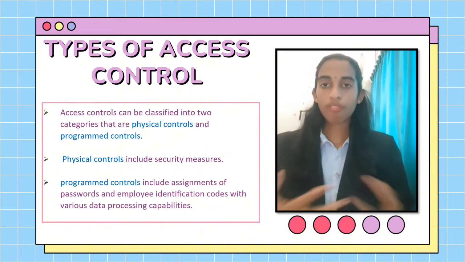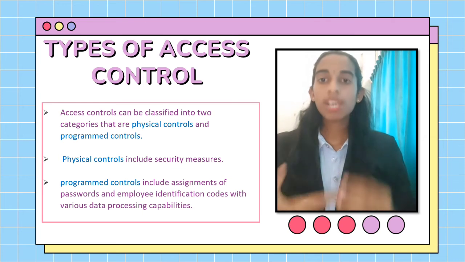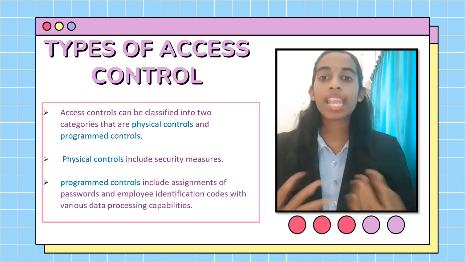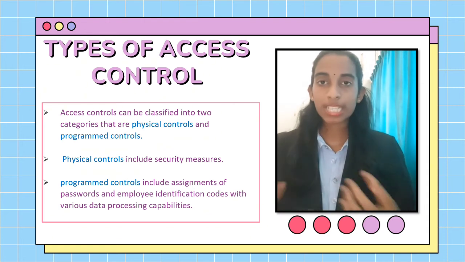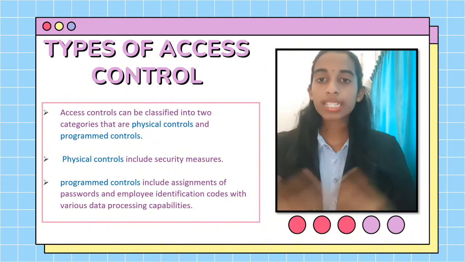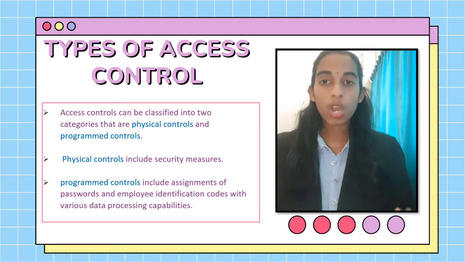The types of access control are classified into physical control and program control. Physical control includes security measures such as placing computers and terminals in designated areas only for employees and security guards. For additional information, some terminals should be designed to retrieve data only.